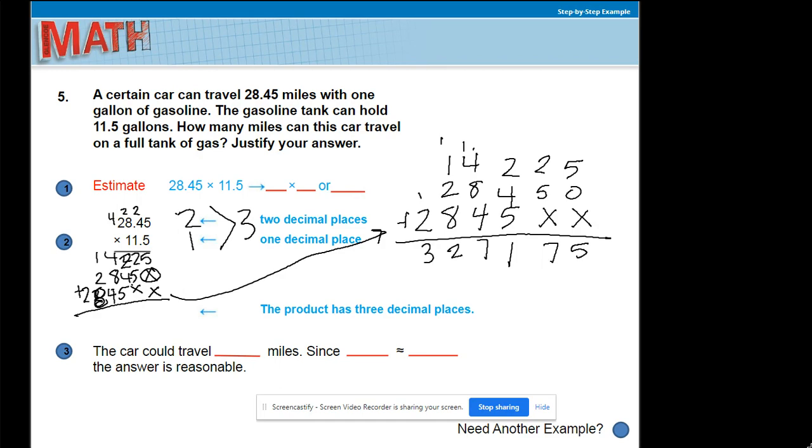And now we need to move our decimal places 3 times, starting from the right and moving left, so 1, 2, 3. And so we get 327 miles and some weird decimal at the end.